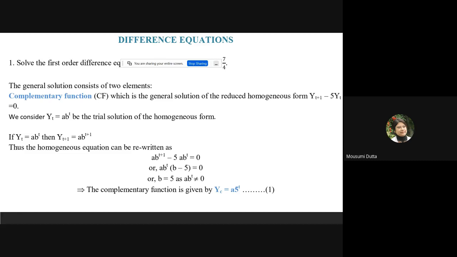Look here, we are trying to understand the methods by which we solve a difference equation framework. While we are discussing the difference equation framework, we are considering first order difference equation.